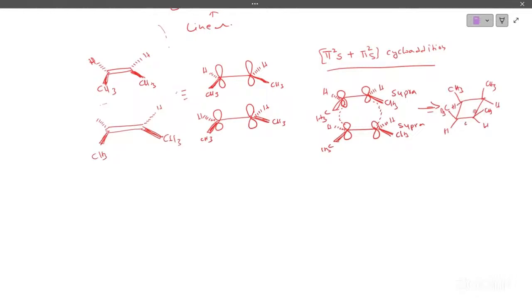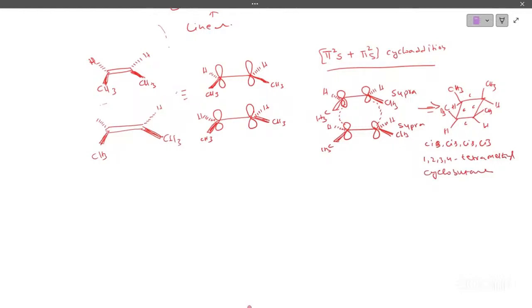Therefore, an all-cis compound is generated. All cis, that is cis, cis, cis 1,2,3,4-tetramethylcyclobutane is the product.